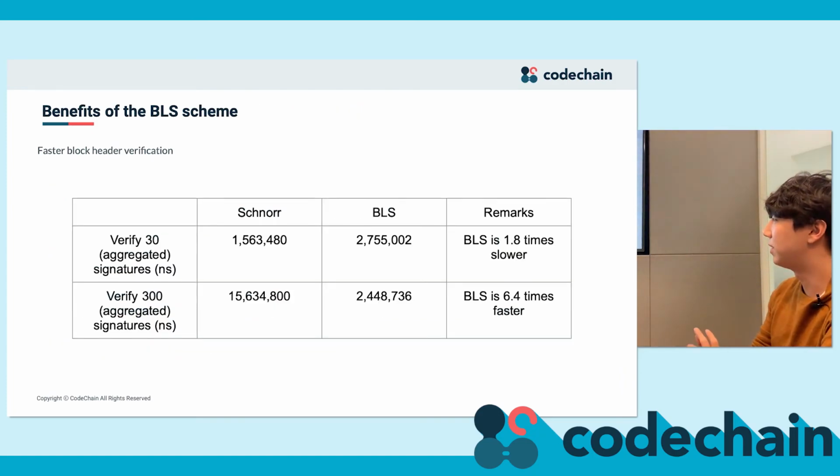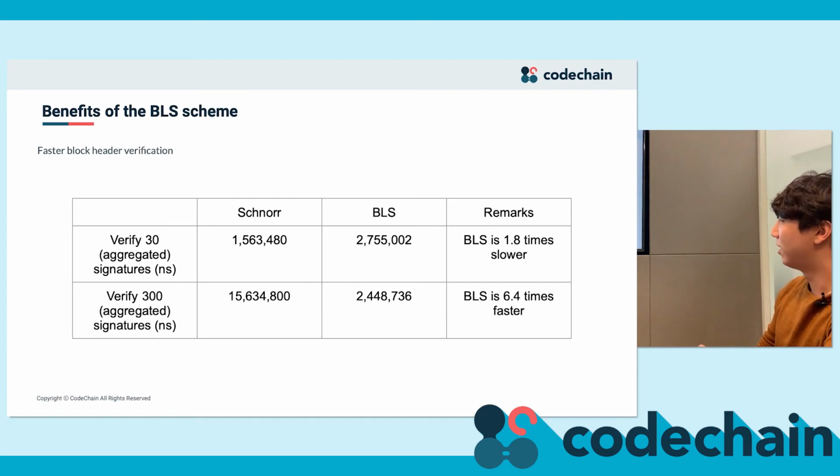We performed a benchmark about this too. When we verified 30 aggregated signatures, it took about this much time with Schnorr signature, and BLS was about 1.8 times slower than this.